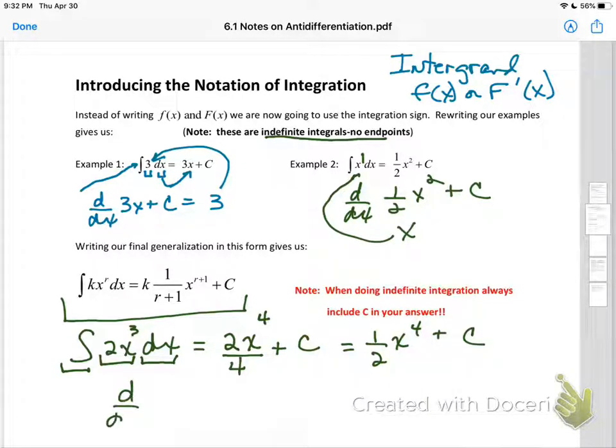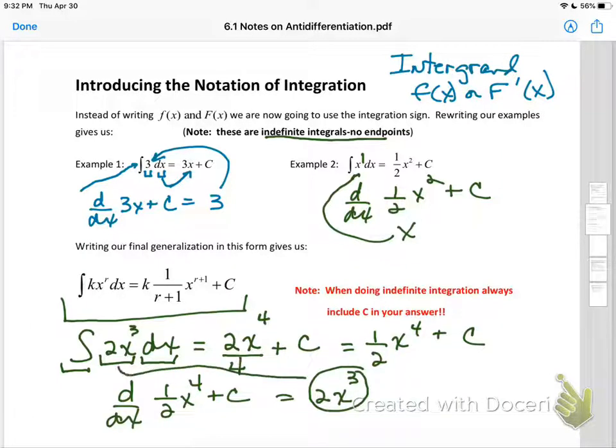Okay, make sure that is correct, as I'm trying to make sure I have a good skill set with this. If I want to take that derivative, what do I do? Bring the 4 down. 4 over 2 is 2. That gives me 2x. Reduce the power by 1. That's 3. And the derivative of a constant is 0. So I'm all set. And this matches my integrand. So I know I'm good to go.